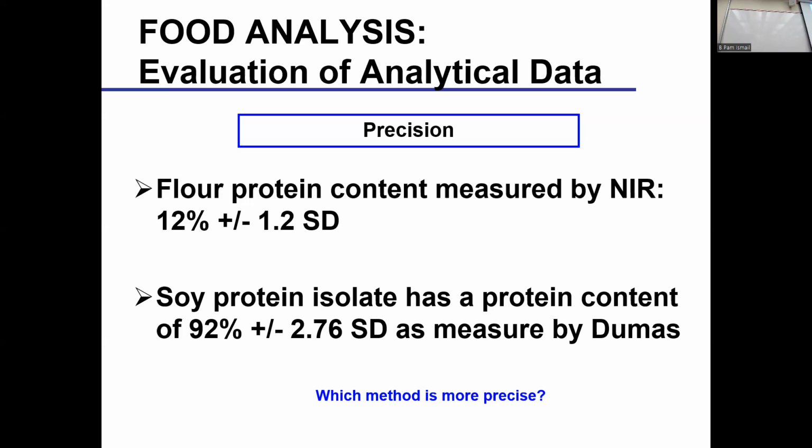Here, I ran my protein isolate on 2 mass, which is a nitrogen analyzer based on nitrogen combustion, an official method of analysis. We will learn about it in the protein chapter. And I got 92% plus or minus 2.76 standard deviation. Which of these 2 methods is more precise?